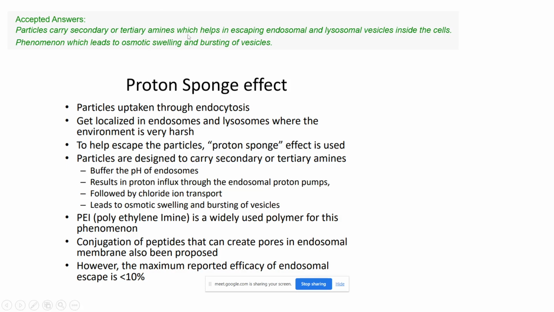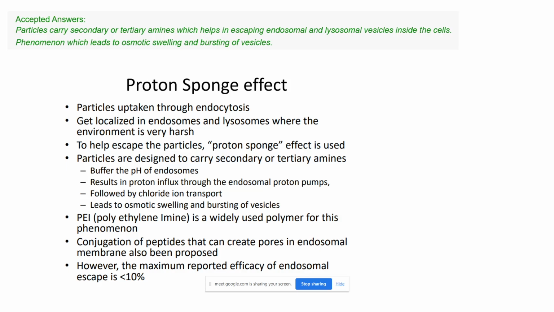So if we design our particles in such a way that they have secondary and tertiary amines, they'll be positively charged and attract more hydrogen ions towards them, and this will lead to an imbalance in the ions inside the vesicles and outside the vesicles.